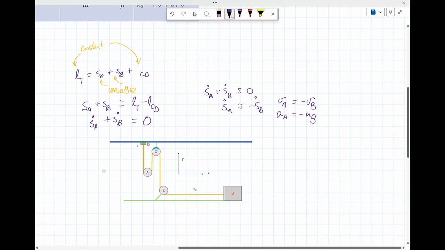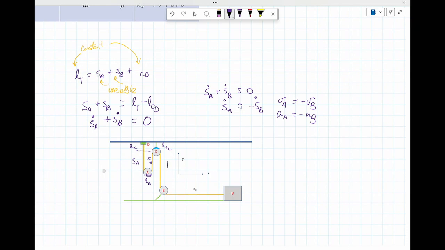So we could sort of define here a length SA, and a length A here, length C, length C2, I'm going to call that.